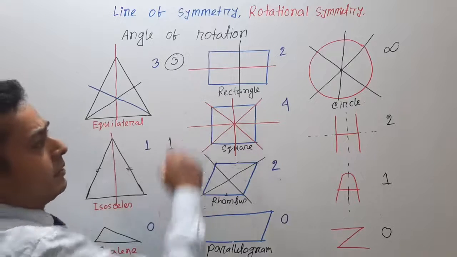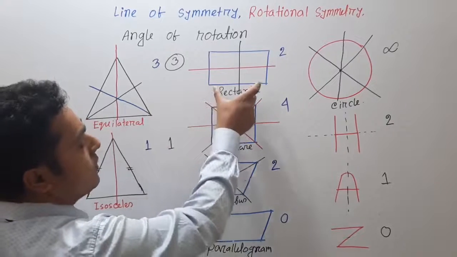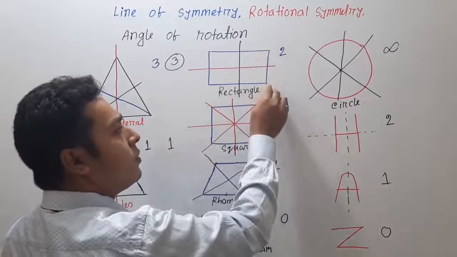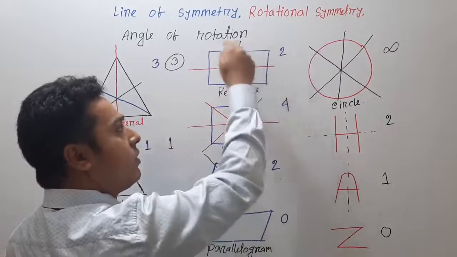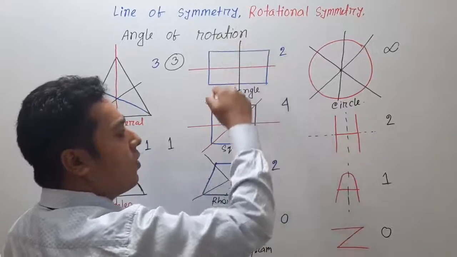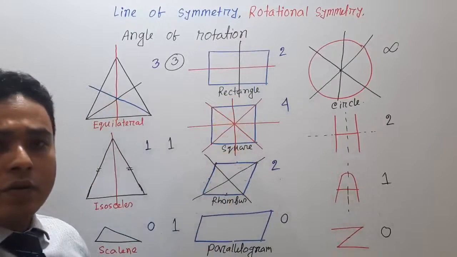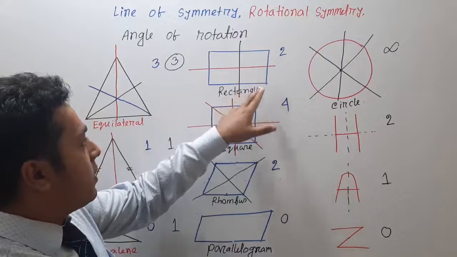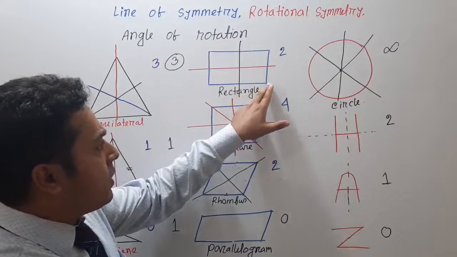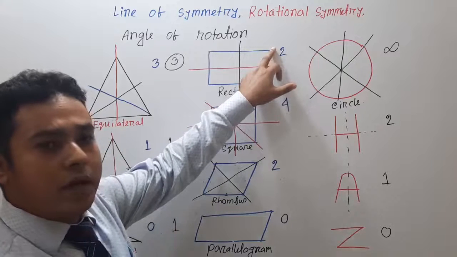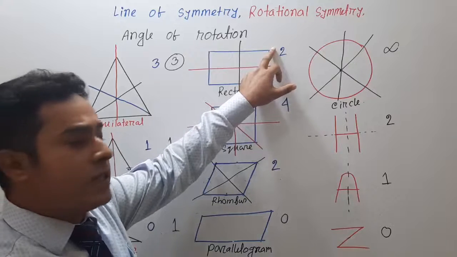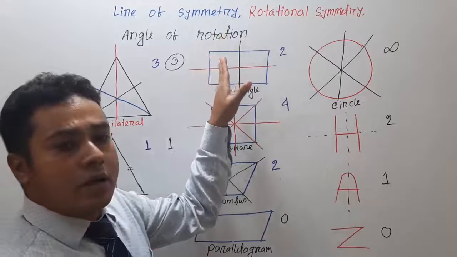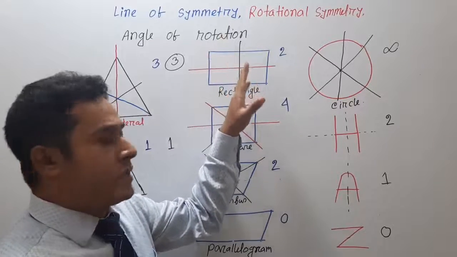For the rectangle, if we rotate about this point, the shape will be changed, but after another rotation, the original shape will be repeated. If this point rotates to this point, the original shape will be changed, but after another rotation, the original shape will be repeated.